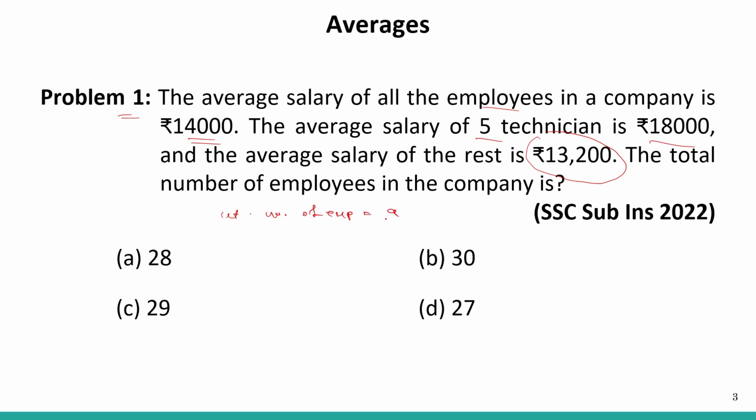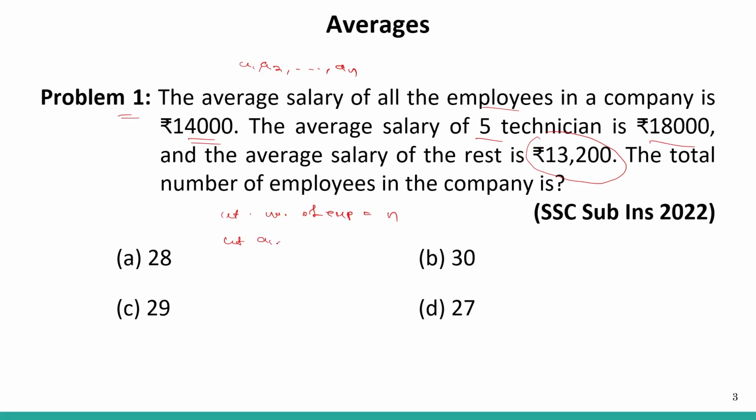So A is an integer and the number of employees is equal to A. Let the employees' salaries be A1, A2, up to AN. It is given that the average salary of the 5 technicians is 18,000.